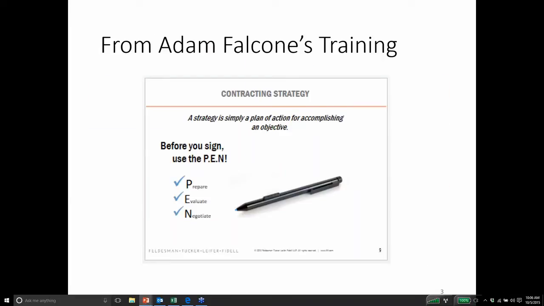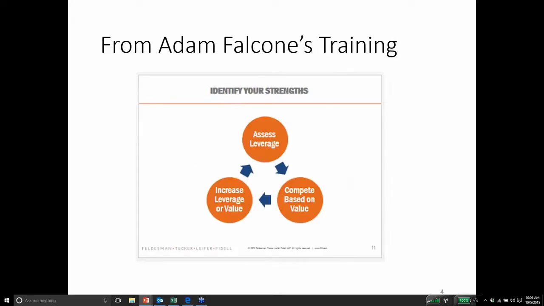For those of you that attended Adam's training last week on managed care contracting, I wanted to start with restating the contracting strategy that he talked about: prepare, evaluate, and negotiate. And this is part of that preparation work, as well as the evaluation piece.